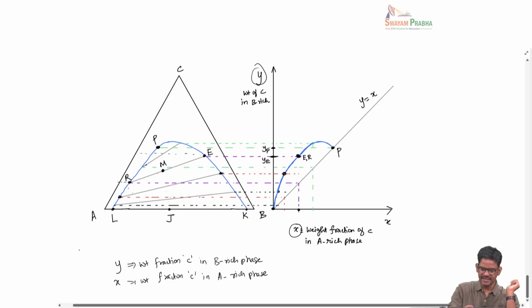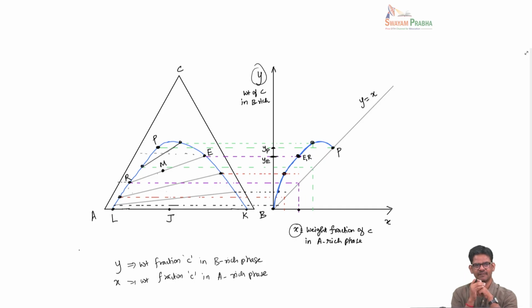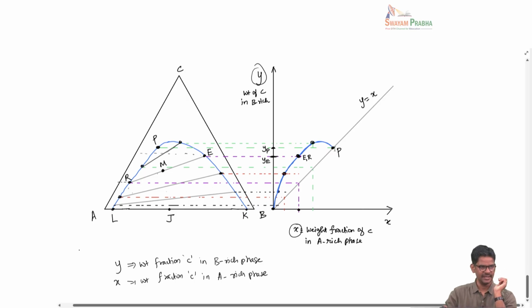Similarly, if I take this tie line here, I read the y value from here, x value from here, and that basically corresponds to this point. So based on the ternary composition diagram, we can read out the equilibrium values of the two phases and then plot y versus x. So for any system that shows this kind of a plait point, this curve will always end at the 45-degree line.